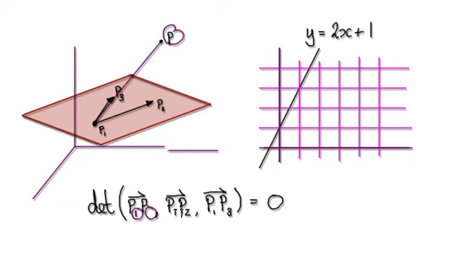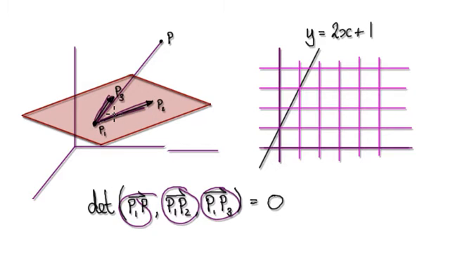Then this vector is from 1 to 2, and this vector here is from 1 to 3.